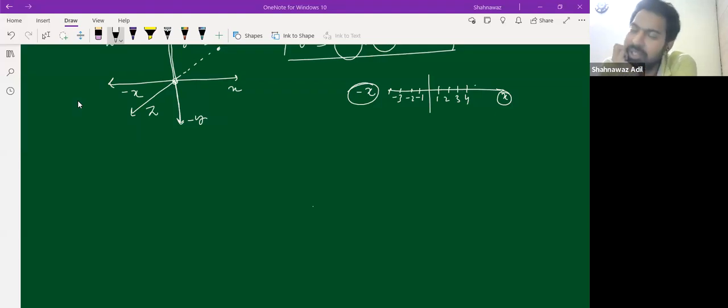Okay, so let me ask you guys a very simple question. You have done this second chapter, right? So 400 kilometers, and you are moving in a bullet train. Let's say that the speed of this bullet train is 100 kilometers per hour.